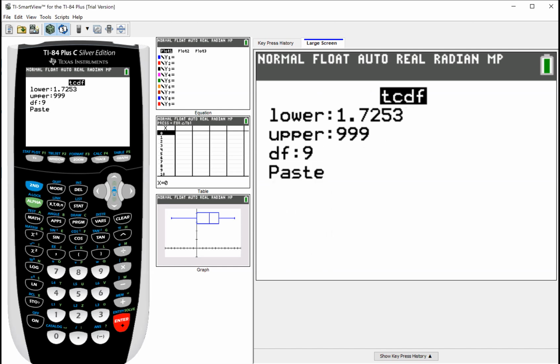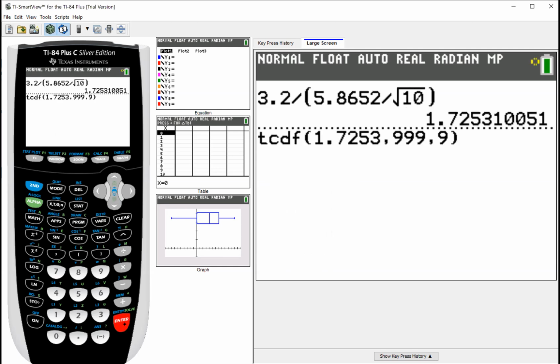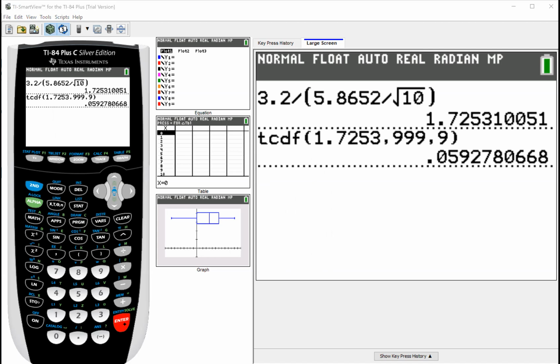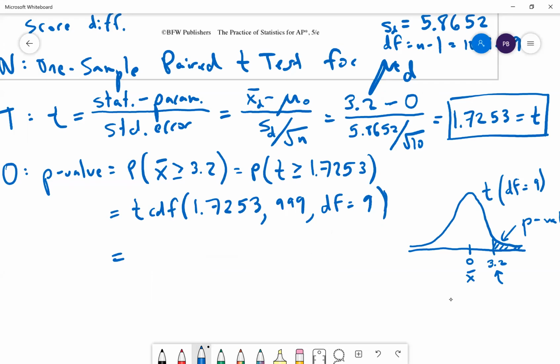Then I can hit paste and enter. So there's my p-value, 0.0593. So let's go ahead and write that down. So I got 0.0593 for my p-value.